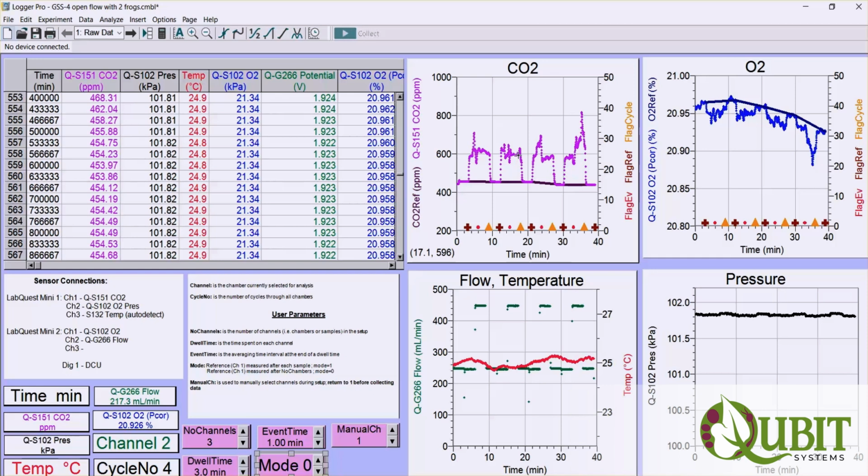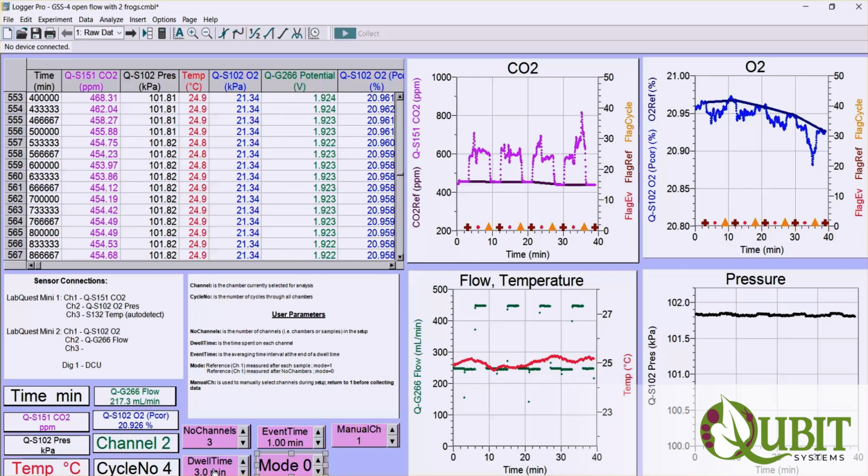However, one has to keep in mind that when you decrease the flow rate, for example, in a less active animal, you think about how long your dwell time is, because you have to ensure that your dwell time is long enough at your lower flow rate to flush your chamber fully, at least 4 to 5 times.